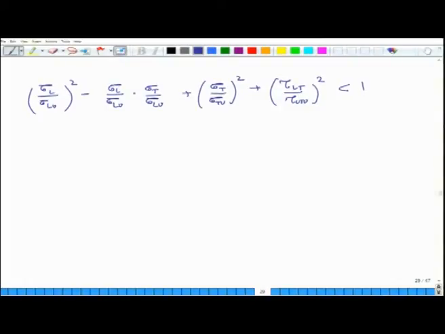Now, let us consider two scenarios. These are simple scenarios, but they will make things clear. Case 1.